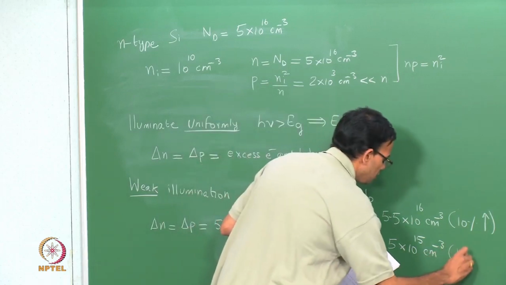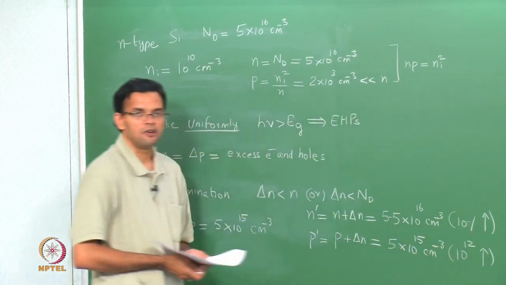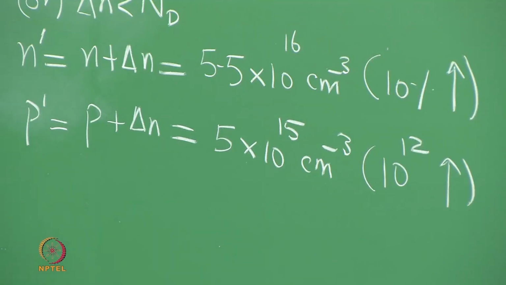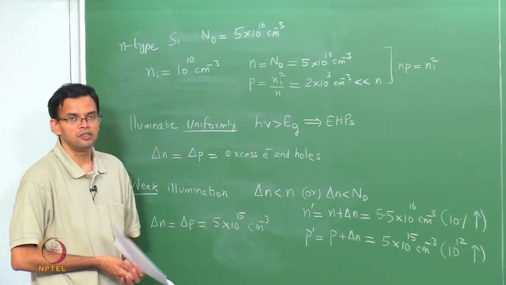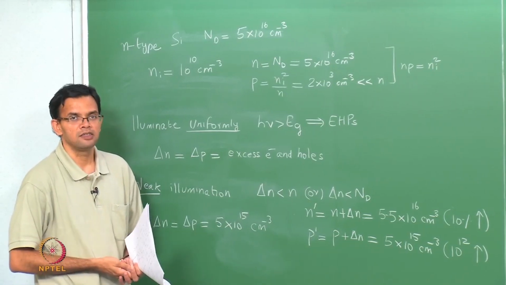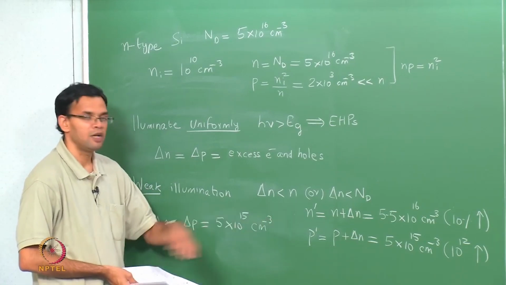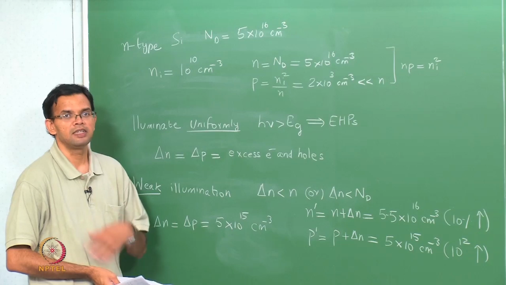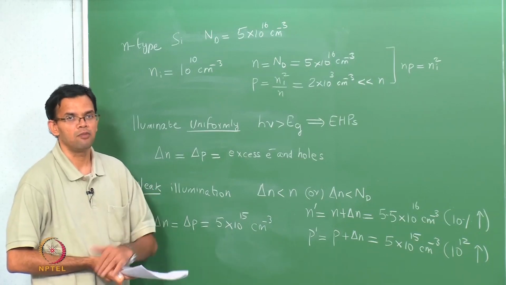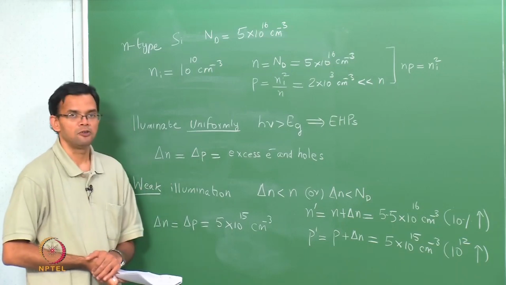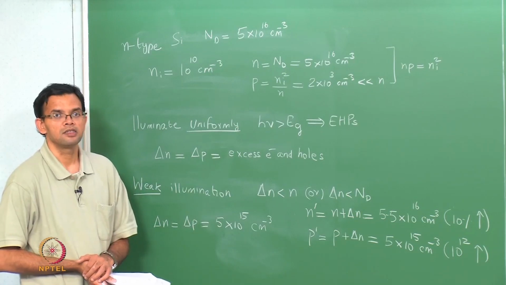So, you have an increase by 12 orders of magnitude. The increase in the case of illumination by light is always in the minority carriers. If this had been a p type semiconductor, the argument would have been reversed. We would find a large increase in the amount of electrons compared to holes, so that the increase is always in the minority carriers.